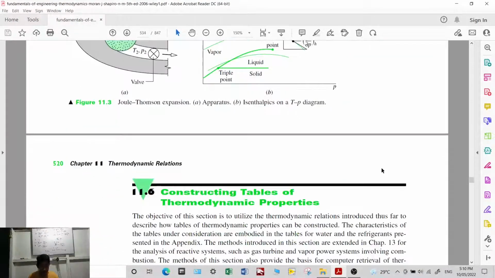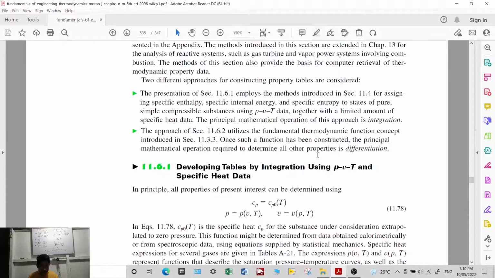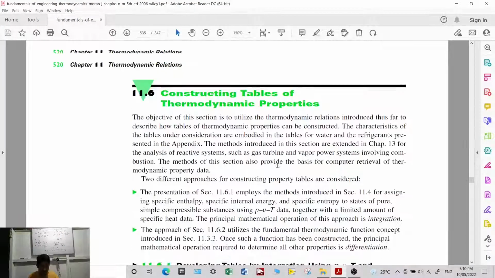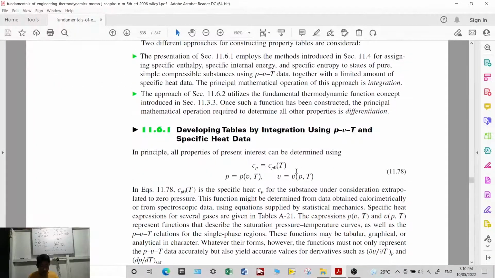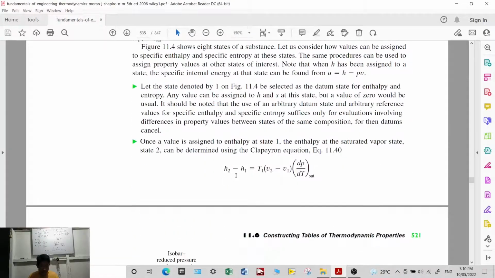Okay, we will proceed with constructing tables of thermodynamic properties. Based on these relations, this is where the tables actually come from. There are two approaches to constructing a table.